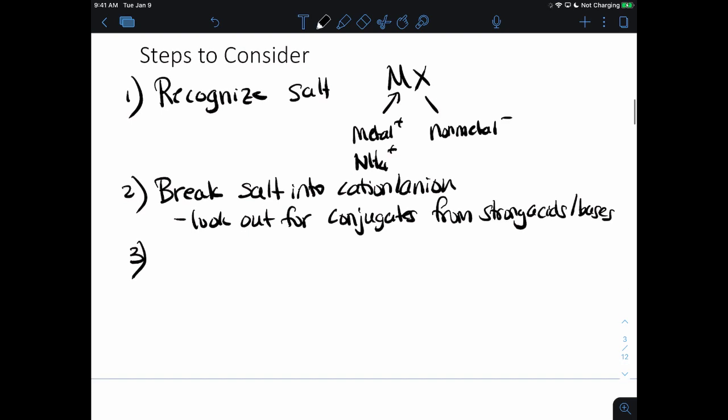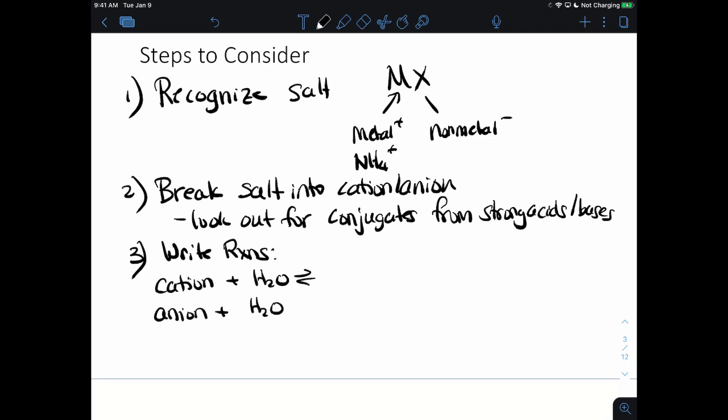Once you've broken the salt into the cation and the anion, you're going to want to write out some reactions. You're going to want to write the reaction of the cation plus the water to see what happens. And you're going to want to write out the reaction of the anion plus the water to see what happens. Remember, water is the only thing that they can react with other than each other.